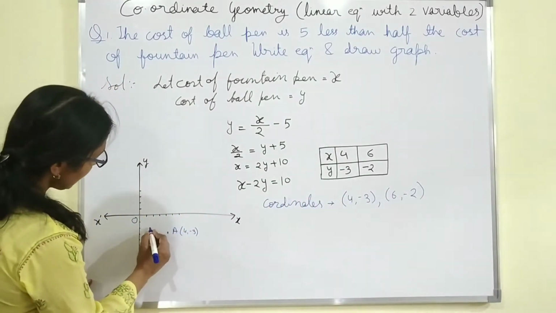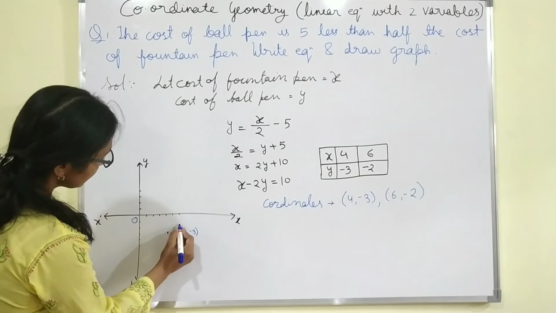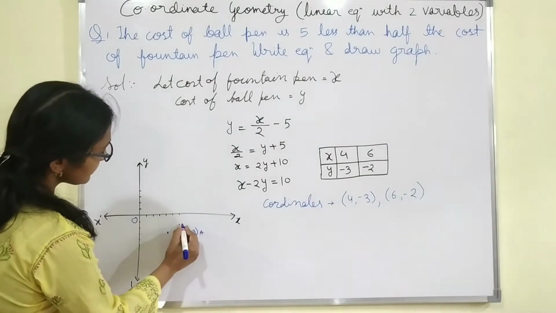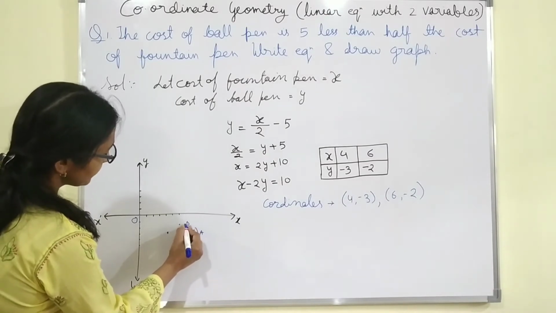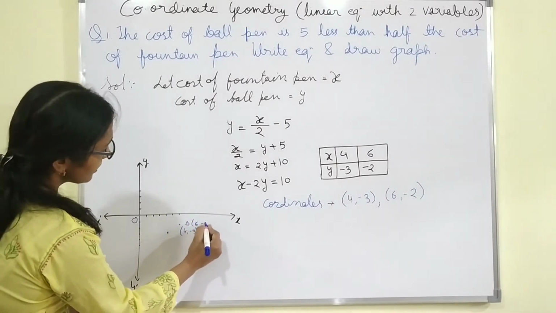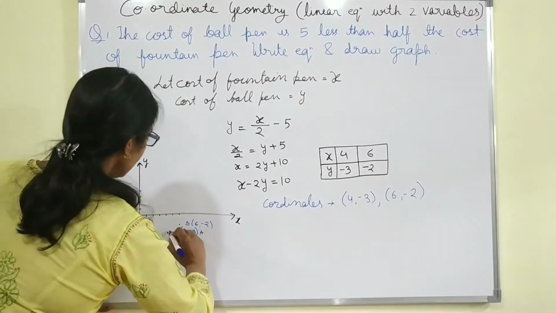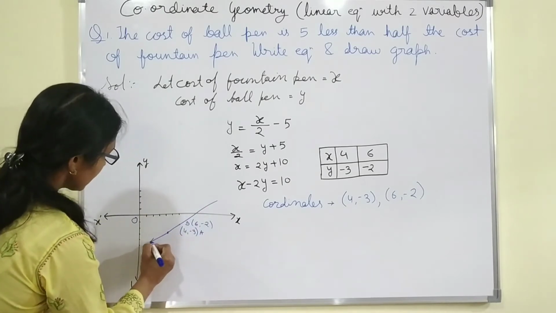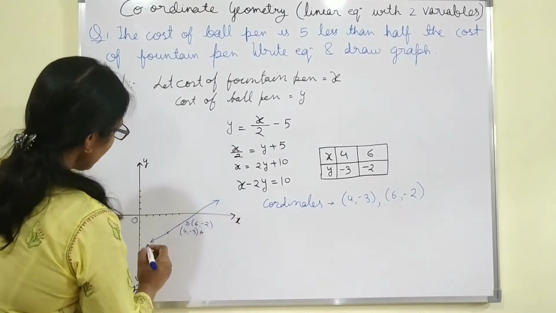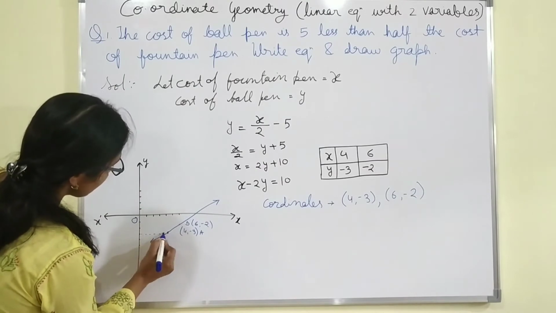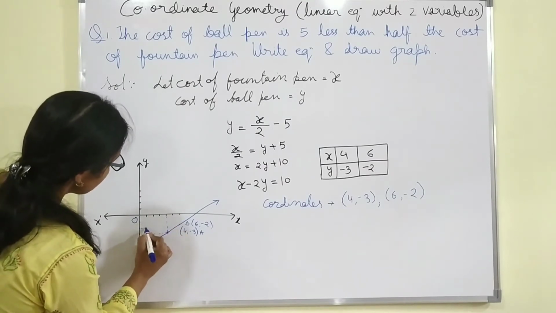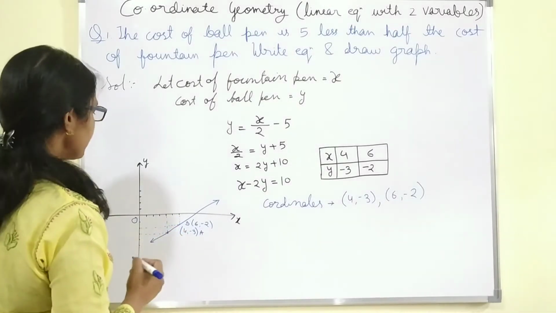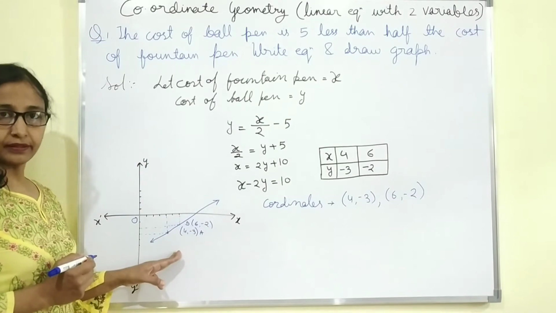So 6 and minus 2. This is our point B, that is (6, -2). And now we will draw a line through this and this. So it is our graph.